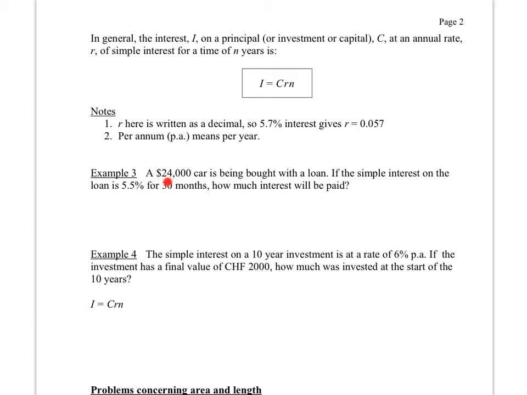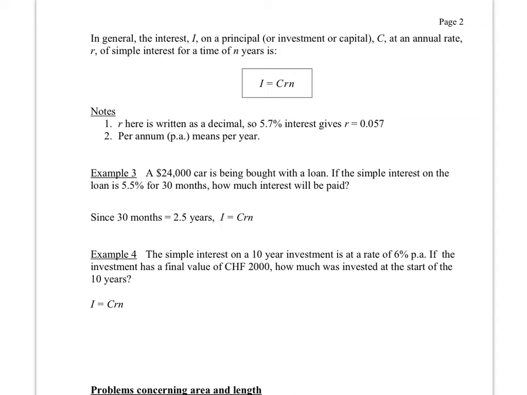Can you think about how many years this would be? So, if you think about 30 months, that's 2.5 years.